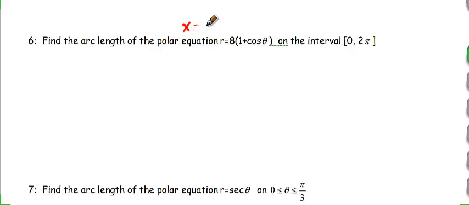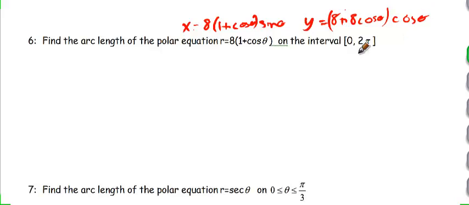So x equals r, so 8, 1 plus cosine theta, sine theta. And then you also need y, which is r cosine theta. So 8, it might actually be easier to do 8 cosine theta, just distributed it in there, times cosine of theta. There's our x, there's our y, and over here again it would be like 8 plus 8 sine theta plus 8 sine cosine theta.